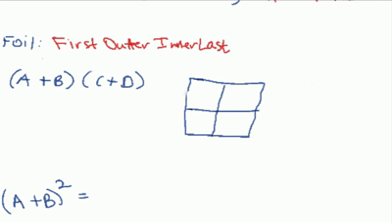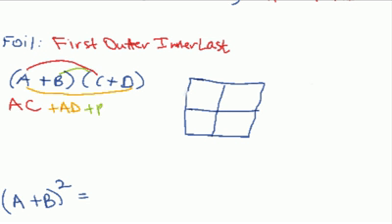If you take the first two, multiply them together, then you take the outer two, multiply them together, and then take the inner two and multiply them together. And then take the last two, multiply those together.